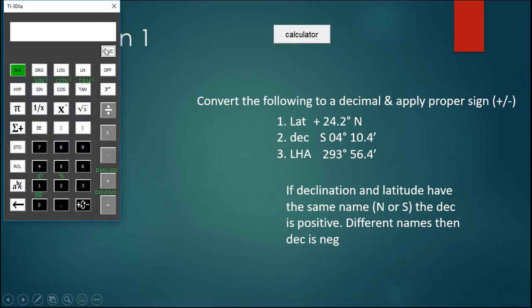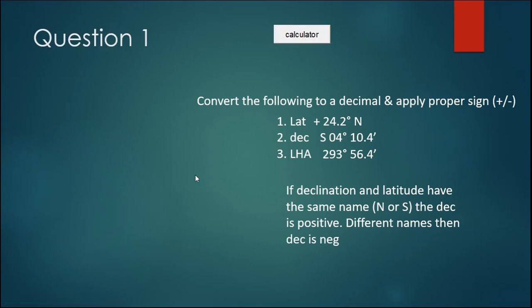So we'll convert that. 4.104, second function, degrees to decimals. We come up with 4.17 or 4.2. And that's going to be a negative.